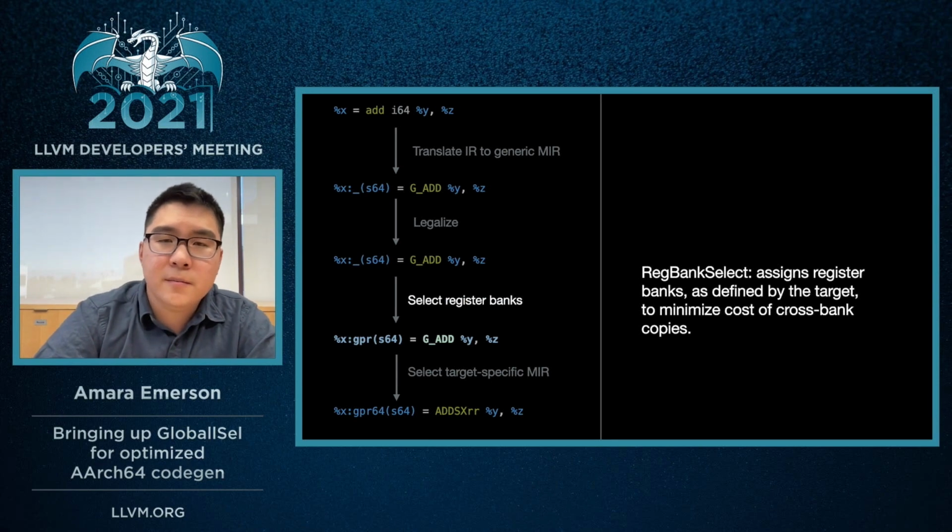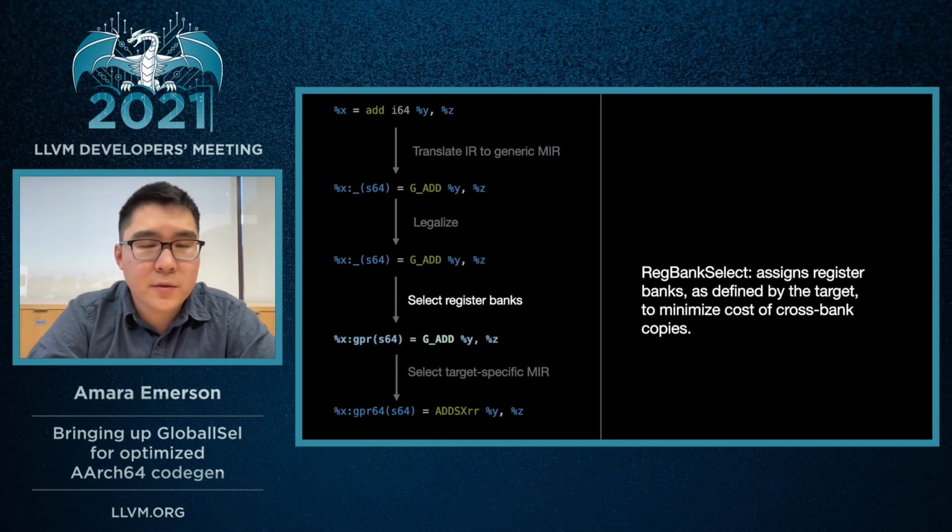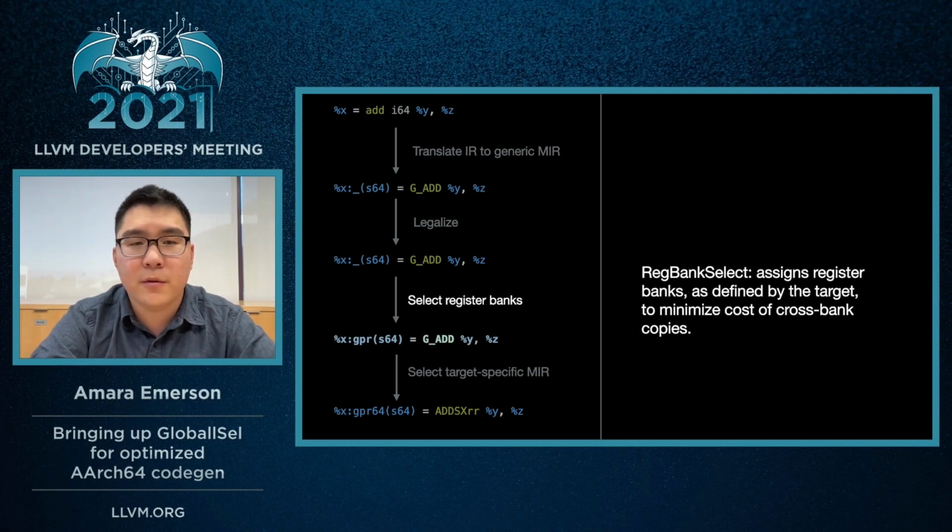After legalization, the next mandatory pass we have to run is register bank selection. Register banks are again defined by the target, and for AArch64 we have two register banks, an FPR bank for floating point and vector values, and a GPR bank for everything else.